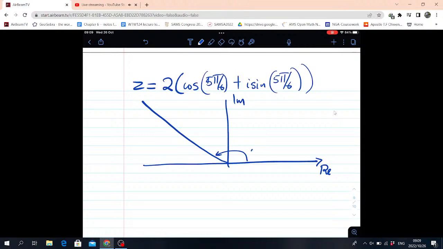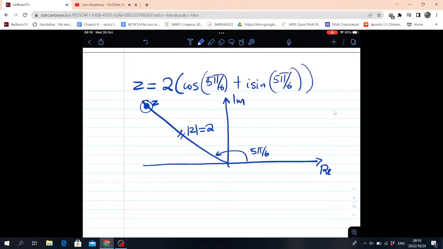So we see that that's just 5 pi over 6, and then the point here, I'm just assuming this is 2, so the modulus of z is 2 there. So this point is going to be our complex number, and that is it. So that will be the sketch of that.